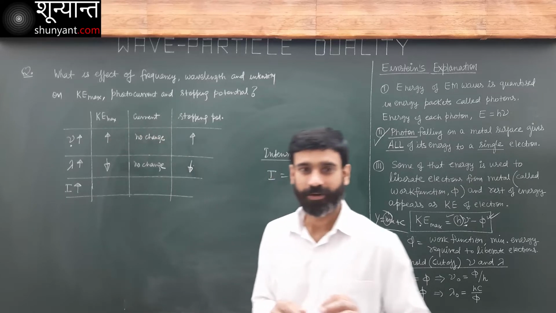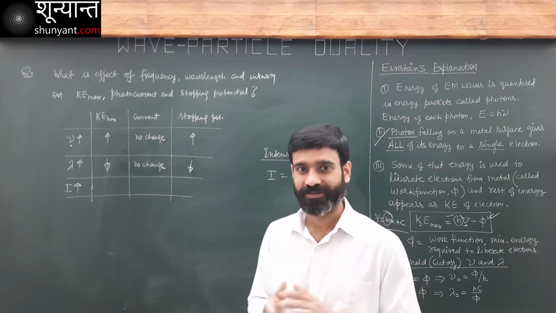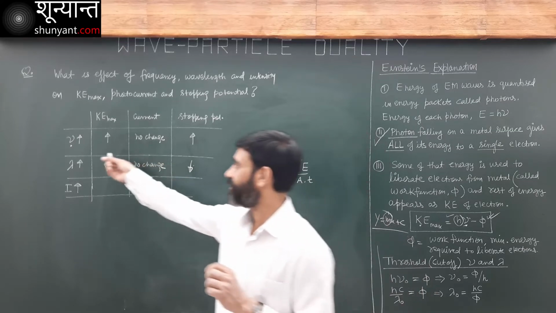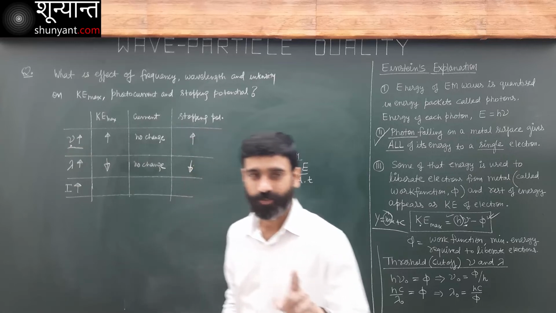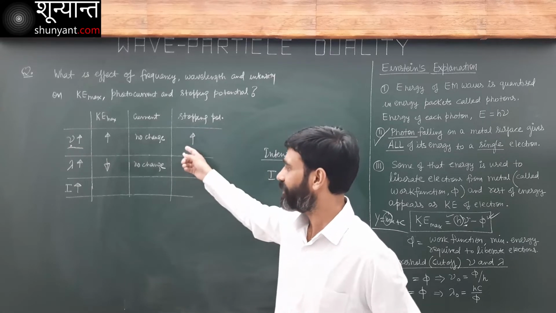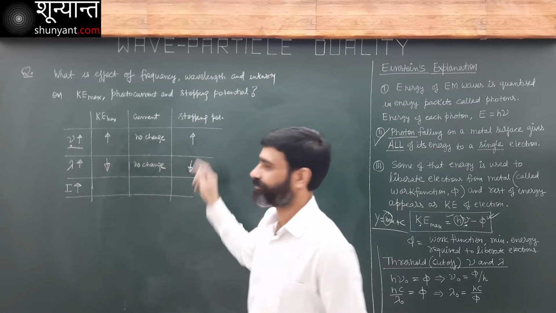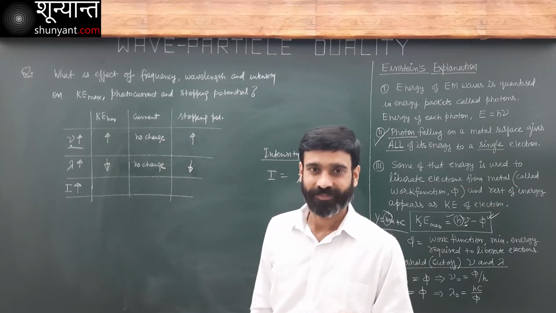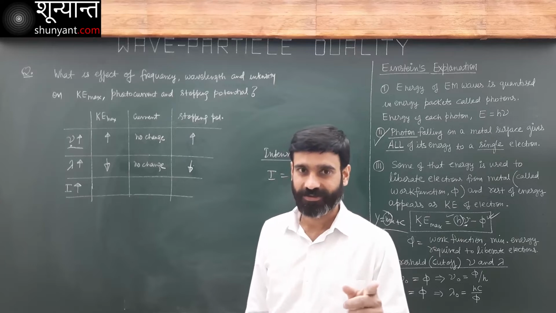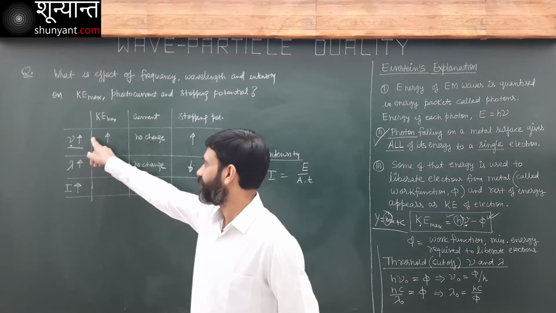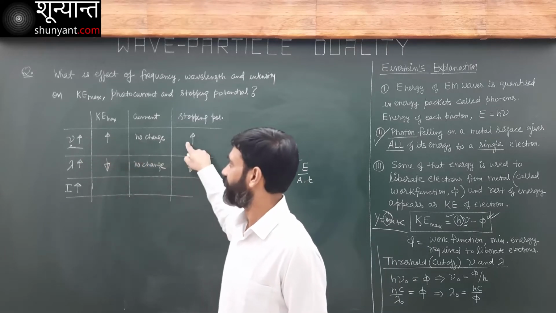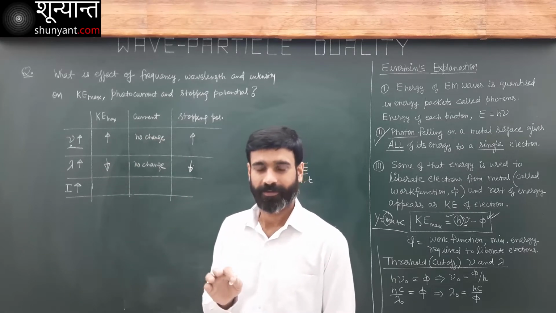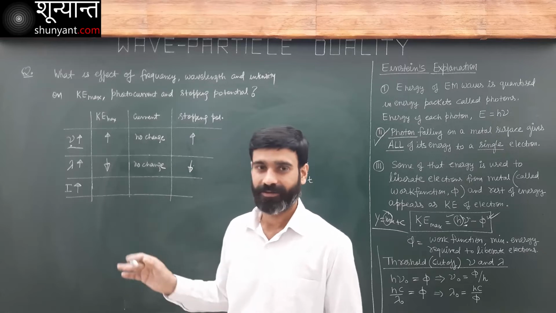Now, what will be the effect on these parameters? It will depend on how the intensity is increased. If the intensity is increased by increasing the energy of each photon, then the effect is going to be the same as this. The number of photons remains the same, but the energy of each photon has increased. Frequency has increased. That means whatever effect I see here, I will see here also. Note it down. I am not writing everything.